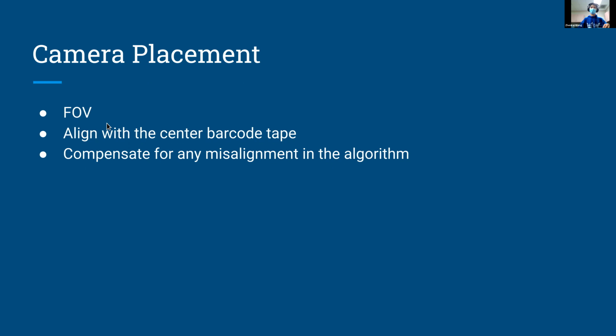But just make sure that all three barcode tapes are within view, or at least make sure that your shipping element is large enough that if the third one is out of view slightly, your camera will still be able to pick up maybe a part of the shipping element.